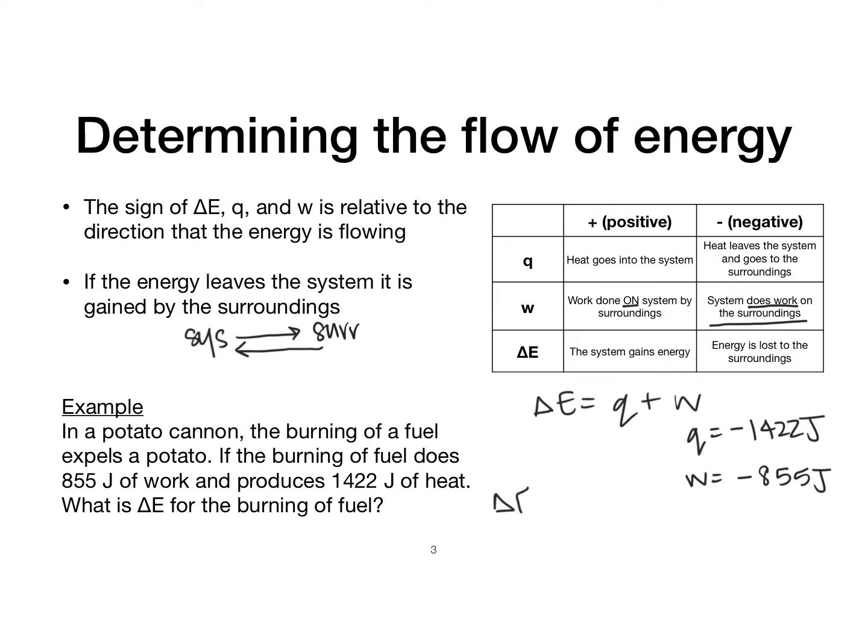So delta E is going to be negative 1422 joules plus negative 855 joules. And so the final value is negative 2277 joules. With these types of questions, the hardest part is figuring out the sign of the value. So let's look at another example.